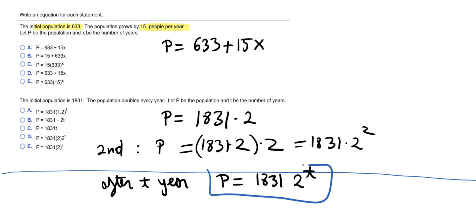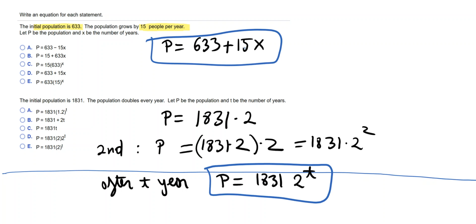Okay? So if the population changes by a constant amount every year, then we have linear. If the population changes by a constant percentage or is multiplied by a factor, then it is an exponential form. Notice that multiplied by 2 means a 100% increase, right? Doubles means it increases by 100% of what it was.